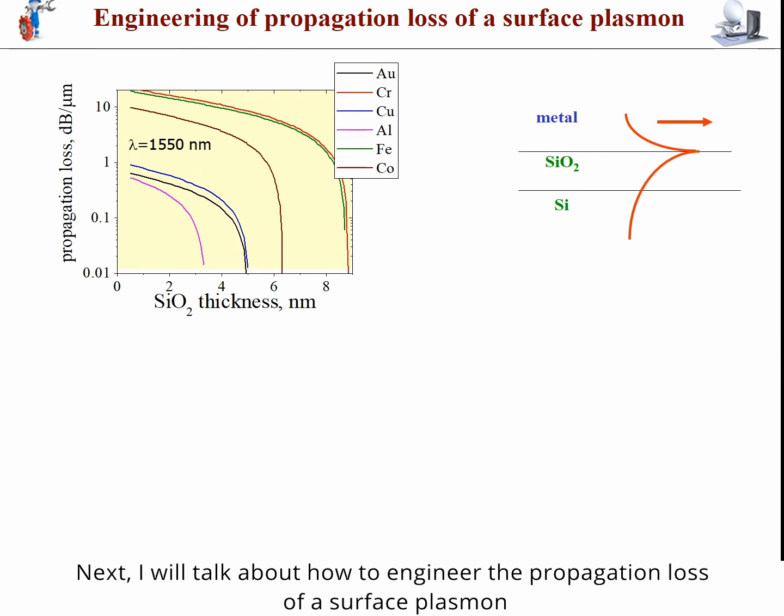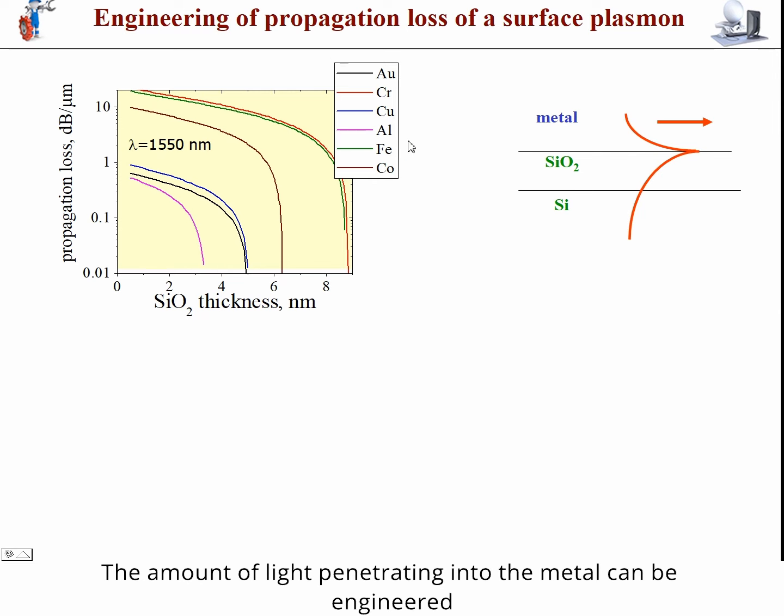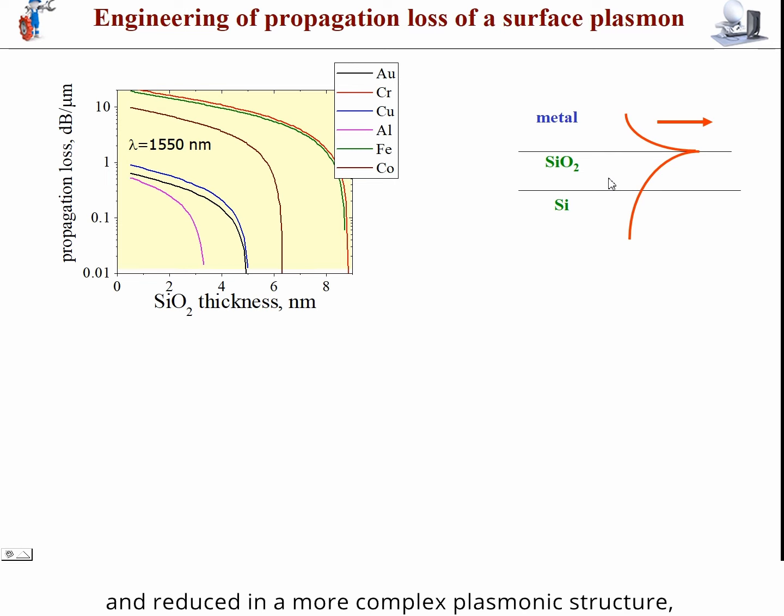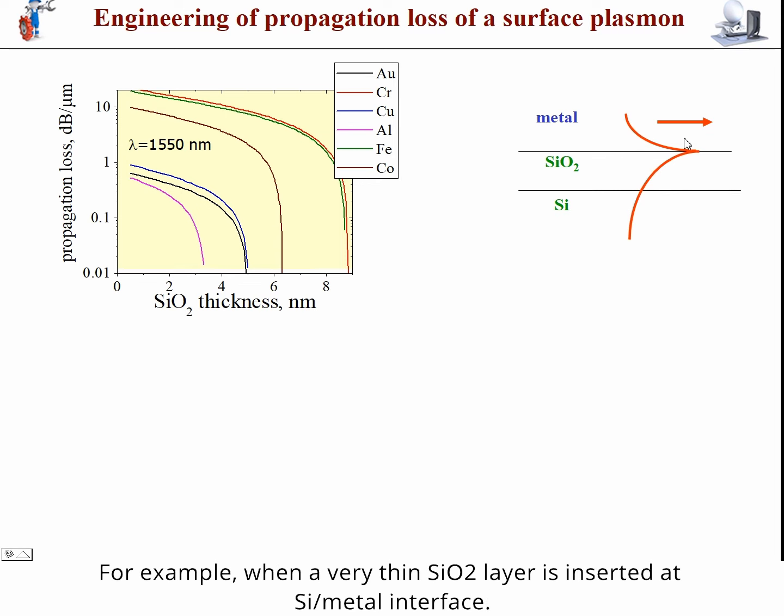Next, I will talk about how to engineer the propagation loss of surface plasmon. The amount of light penetrated into the metal can be engineered and reduced in more complex plasmonic structures, which contain more dielectric layers. For example, when a very thin SiO2 layer is inserted at the silicon-metal interface.